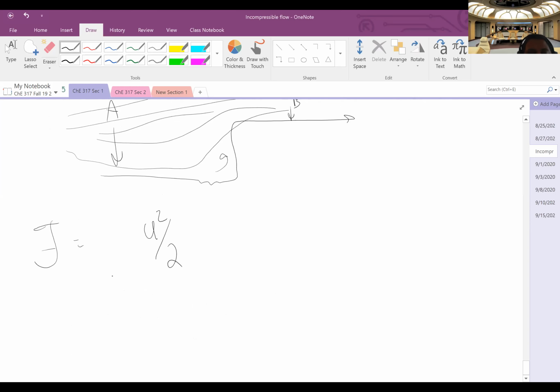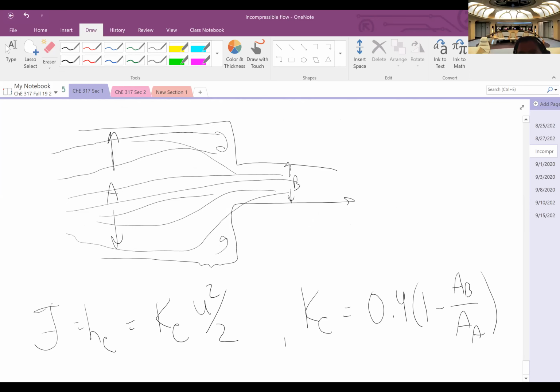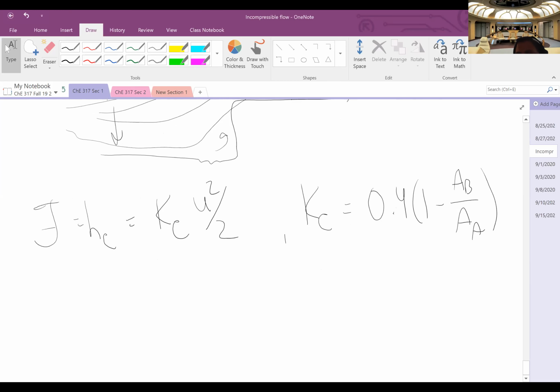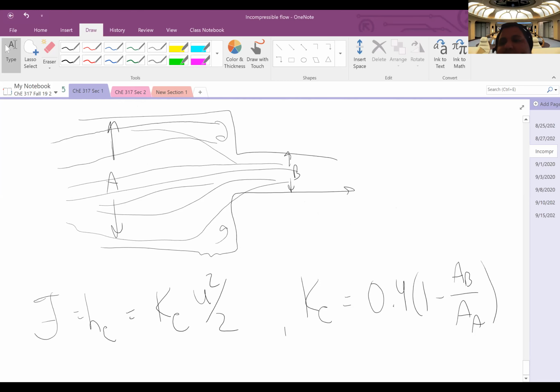So H_C is equal to K_C U squared over 2, where K_C is 0.4 times 1 minus area of B over area of A. Which estimates what we can expect in terms of contraction losses.